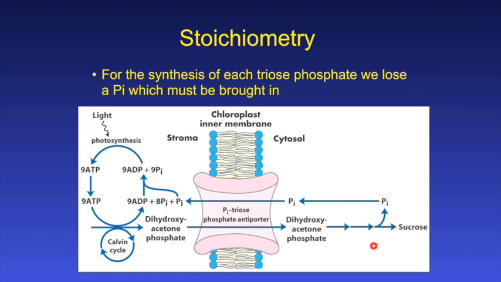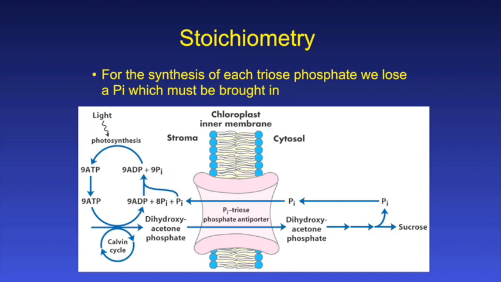And phosphate is made in this compartment. ATP synthesis is not in this compartment. And so the balance is, for every potential sugar molecule that goes out, a Pi has to come back in so that you can continue to make ATP.